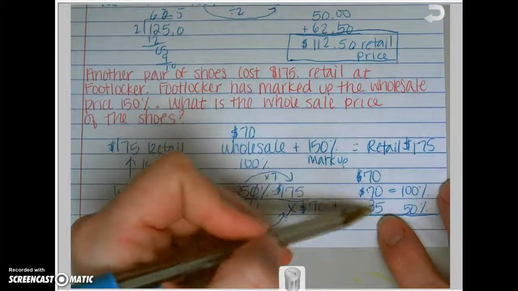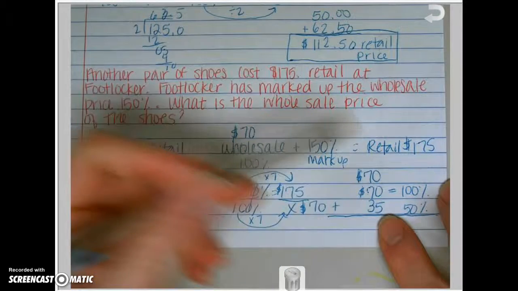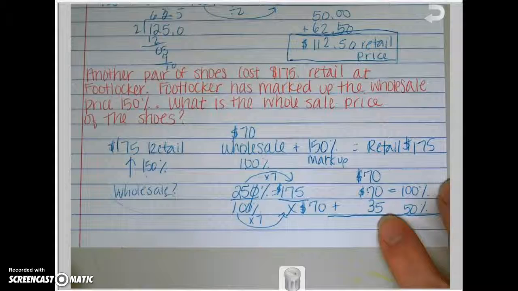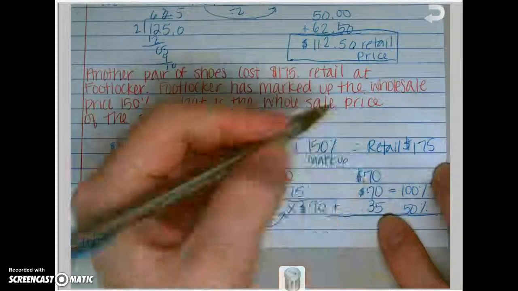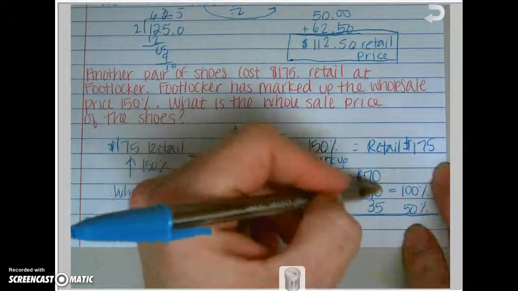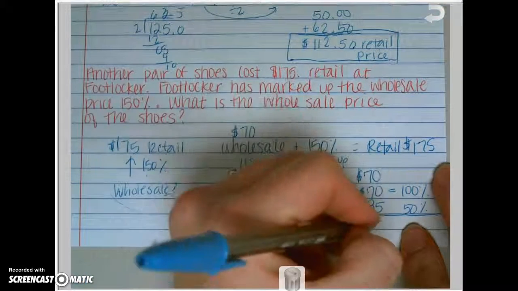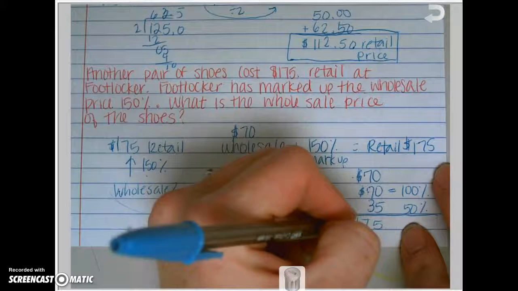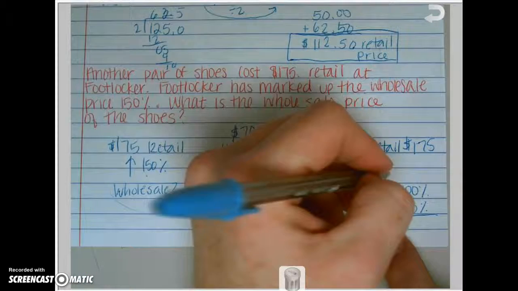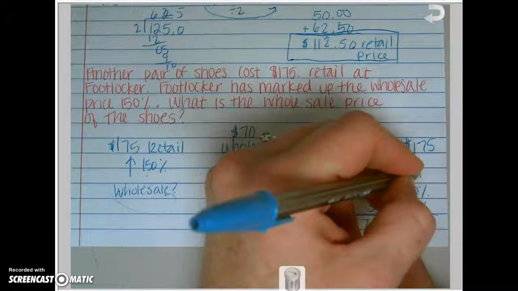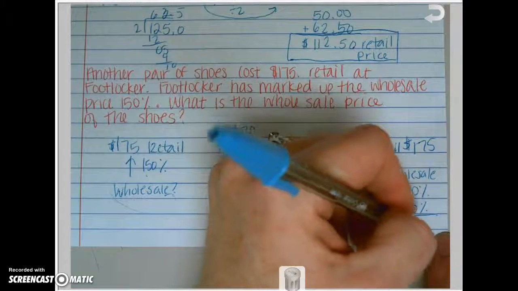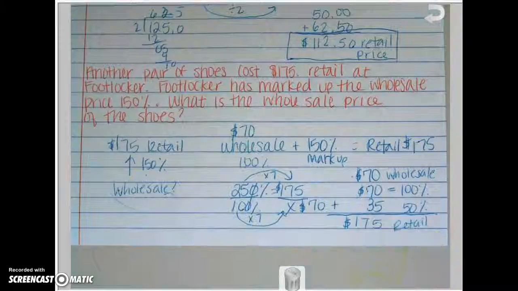This $70 and $35, which is $105. They marked them up $105. But this is your wholesale. This is the 150% they are marked up, and that is how you get back to the $175. This was wholesale. This is retail. Okay, hope that helps.